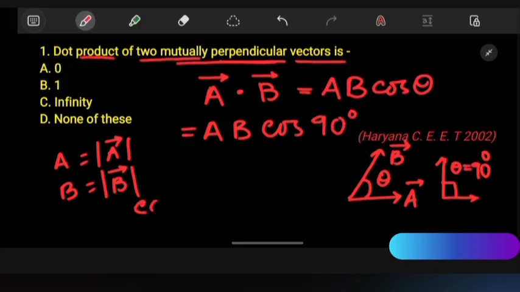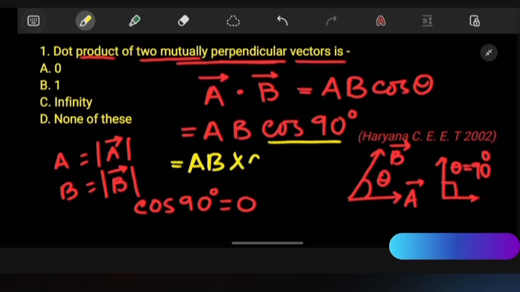We all know that the value of cos 90 degrees is 0. So what will be our answer? Cos 90 degrees is 0, so AB into 0 is nothing but 0.